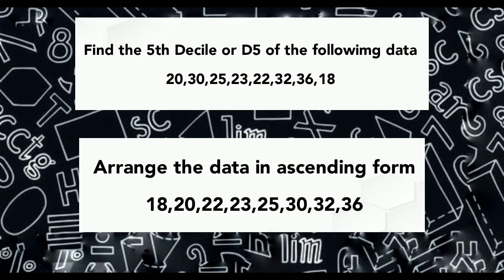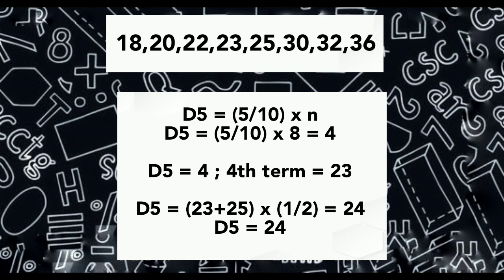Since we are going to find the d sub 5, we will have the formula d sub 5 is equal to 5 over 10 multiplied by n. So 5 over 10 multiplied by 8 is equal to 4. So our fourth term is 23. And then 23 plus 25 divided by 2 is equal to 24. Therefore, our d sub 5 is equal to 24.